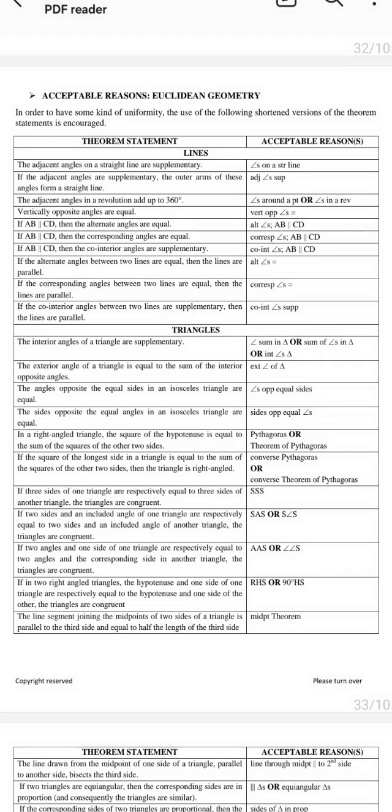Okay, and if you look at that acceptable reason column there, it says angles on a straight line. Okay, so please guys, let us get onto the bandwagon of this acceptable reason document. If we can familiarize ourselves with this, then we should be fine in grade 10, 11, and 12.